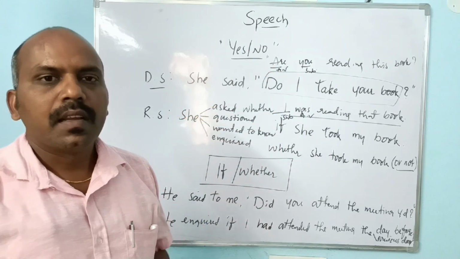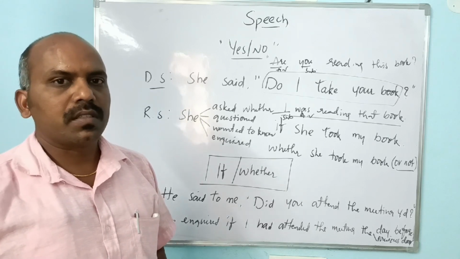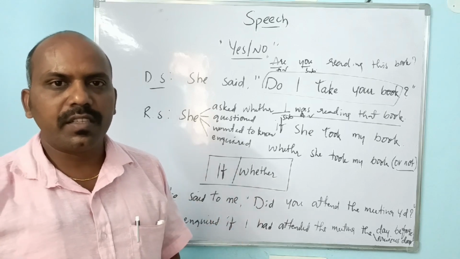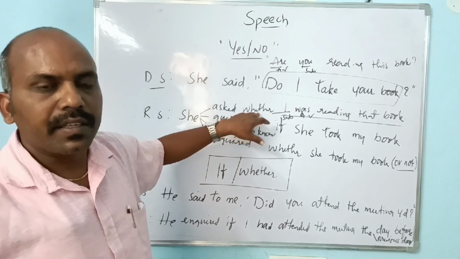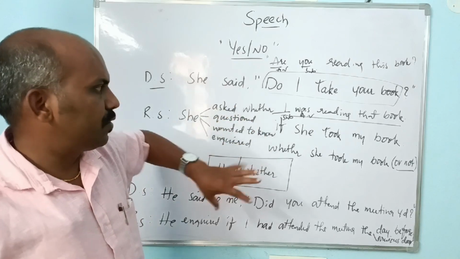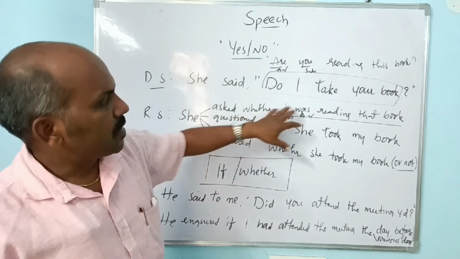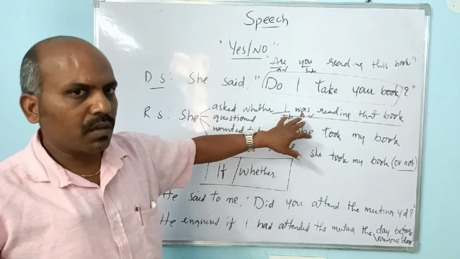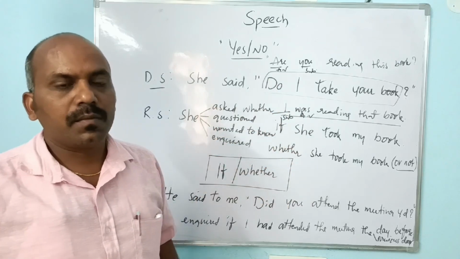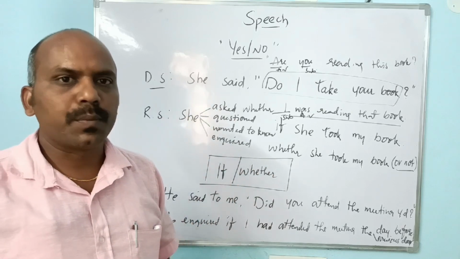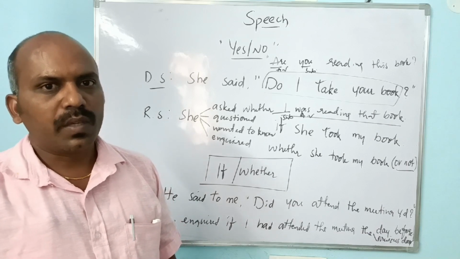Questions must be changed into a statement after the conjunction if or whether, right? We don't write "whether was I reading this book." No, it's wrong. It is: I was reading that book. So a question must not be maintained as a question in reported speech.